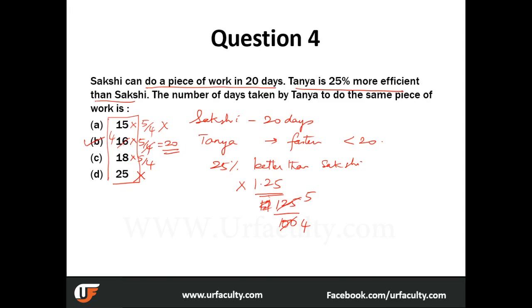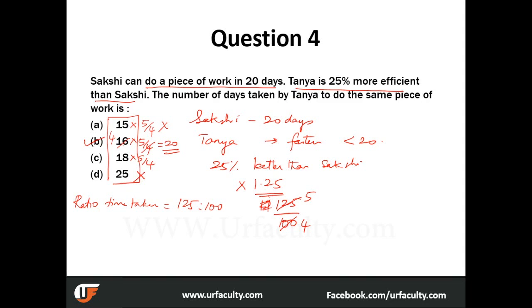Now the other way to look at it is the ratio of the time taken by Sakshi and Tanya. How do you represent that? Very simple, right? 125 is to 100 because it is 25% more. If Tanya is 100, then Sakshi is 125, right? That's what they are saying here.